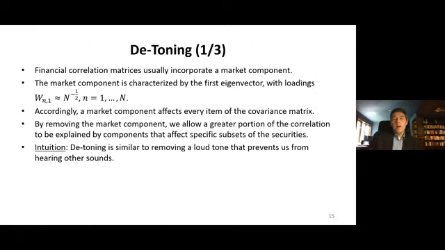All right. I would also like to introduce the notion of detoning. What detoning means is that in financial covariance matrices, there are one or two very strong principal components. These principal components are typically associated either with the market component or maybe some very strong risk factor like sector or region.